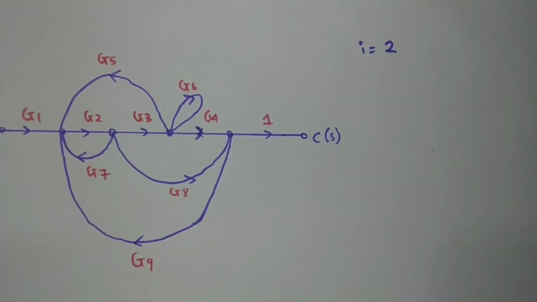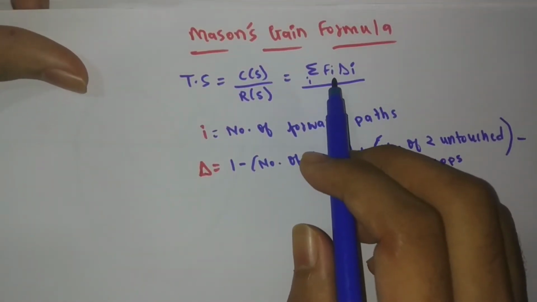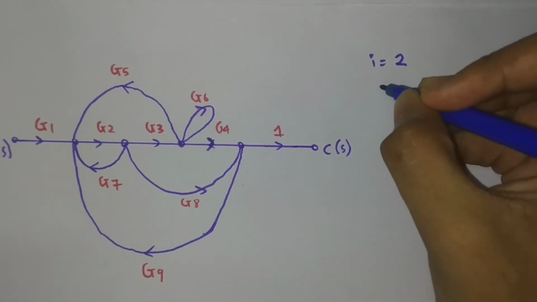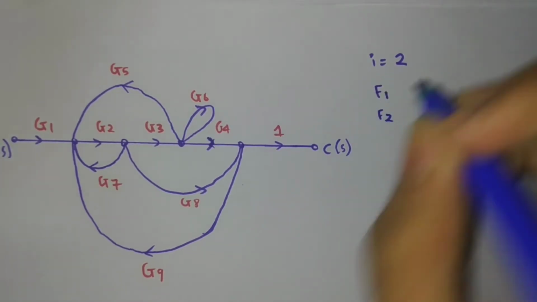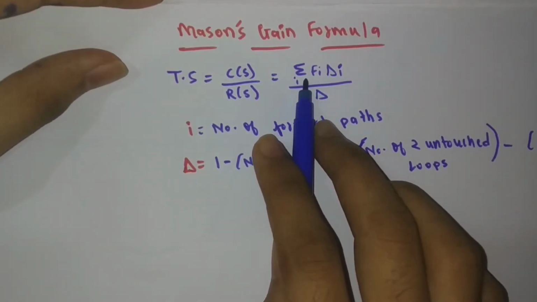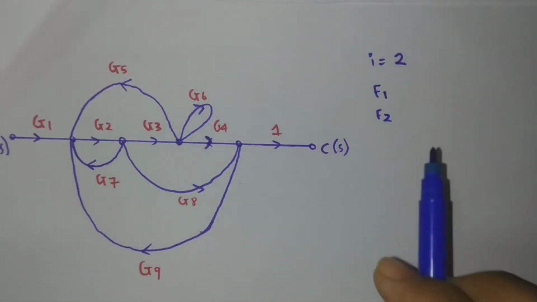Now in the formula it is given Fi. So there will be 2 forward paths, and we are going to write them as F1 and F2. Here the summation sign is there, so I will be from 1 to 2. It will be F1 and F2.